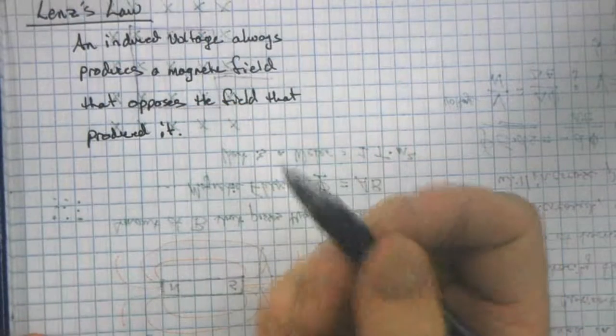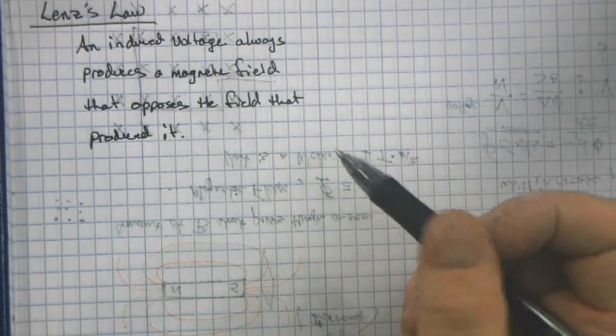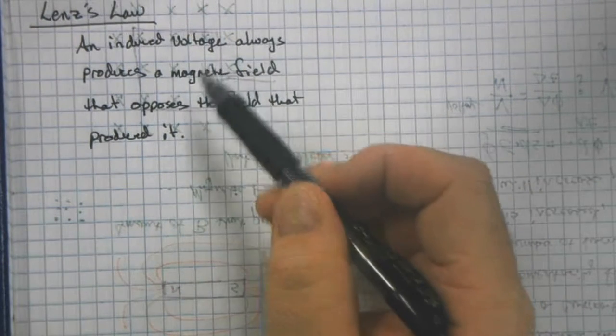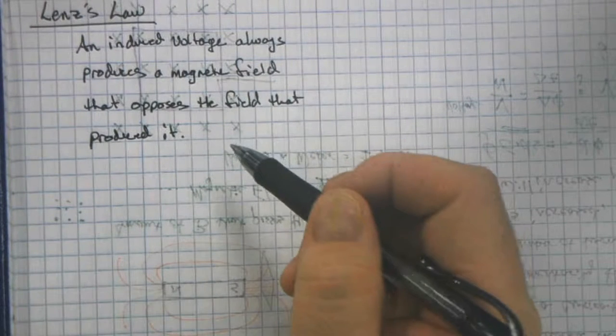Okay. Now we need to start thinking here. So an induced voltage always produces a magnetic field that opposes the field that produced it.